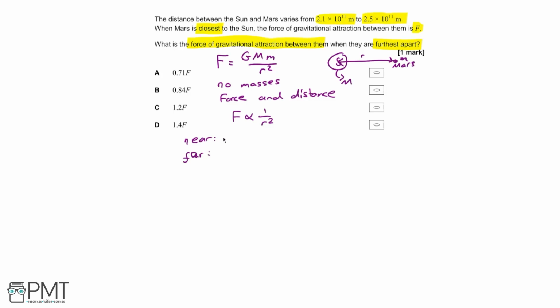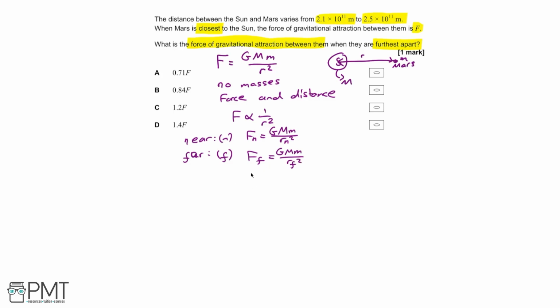Those will have subscripts of n, and the far ones will have subscripts of f. So we have Fn is equal to G times big M times little m divided by Rn squared. And then for the far away ones, we have the same thing, but with f subscripts instead.